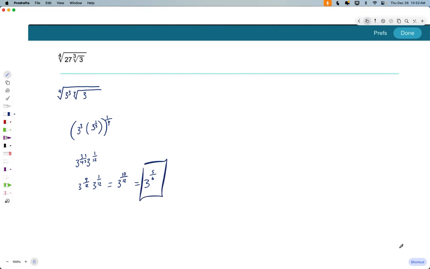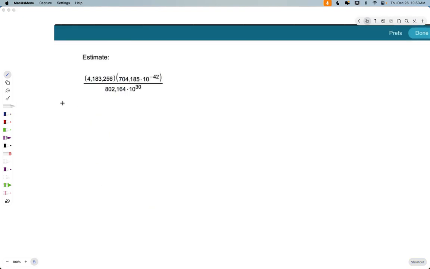All right, so let's look at the next problem. Here we are estimating. Remember, estimation is not accurate, it's just an estimate. So we're going to write this in scientific notation first because I don't want to deal with those really big numbers. So this would be 4. If I were to move my decimal point here, this would not round up. So 4 times 10, and that's going to be 1, 2, 3, 4, 5, 6, so to the 6th power.